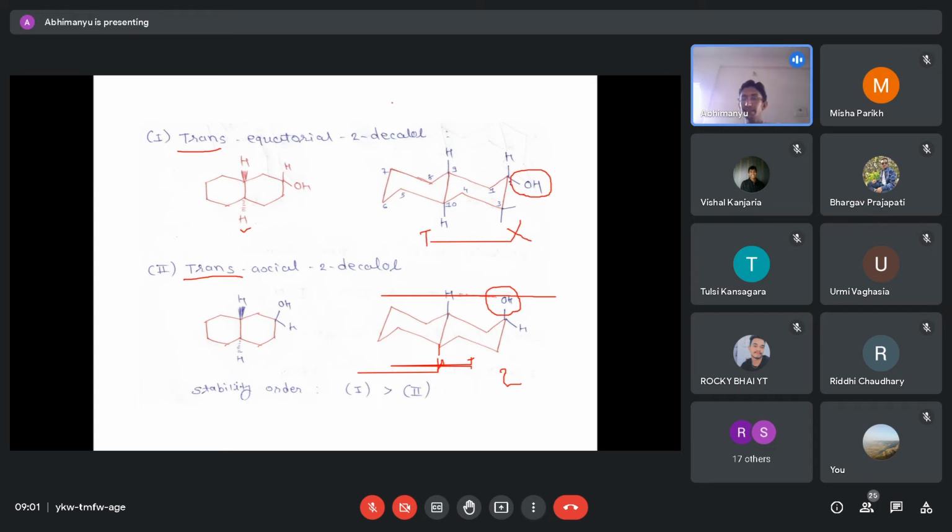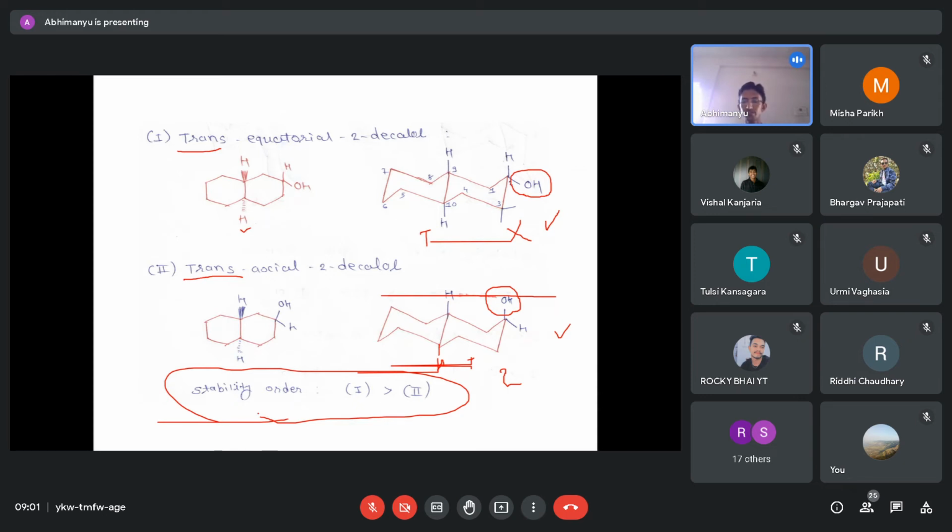So due to diaxial interaction, we can say that the stability of structure number 1 is higher as compared to structure number 2. So this is the stability order with respect to structure number 1 and structure number 2.